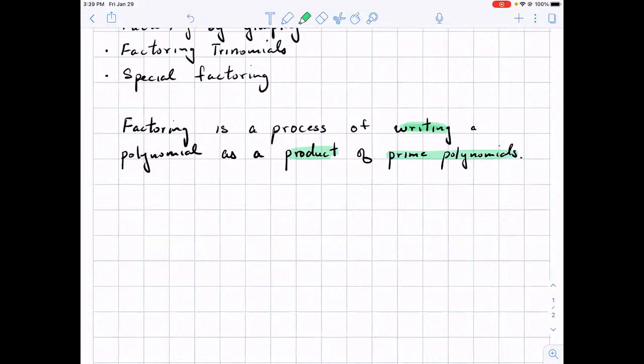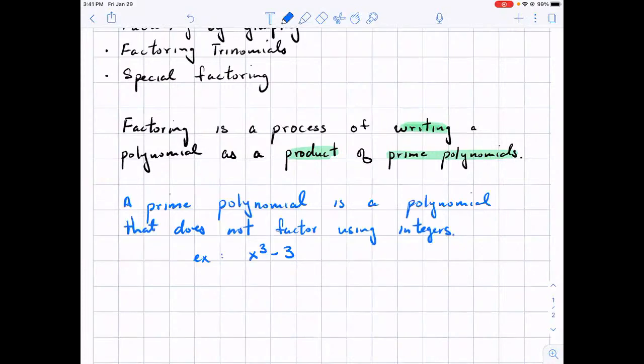For example, 6 can be written as 1 times 6, or 1 times 2 times 3. So when you write as a product, that's what's called factoring. But the key point is that whenever you say it's factored, it has to be prime polynomials.